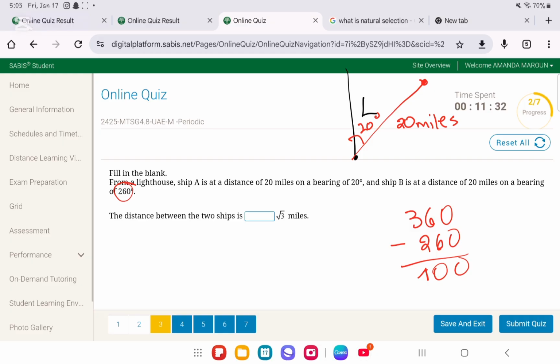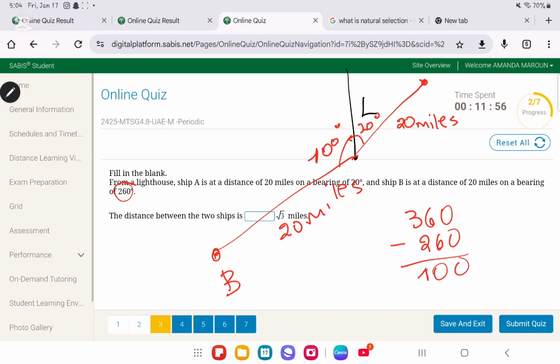If you started clockwise like me, you are going to put it in the opposite direction, which is counterclockwise. So you are going to make it 100 degrees, which is something like this, counterclockwise. And this is for ship B at a distance of 20 miles. Now, of course, this is not drawn to scale.